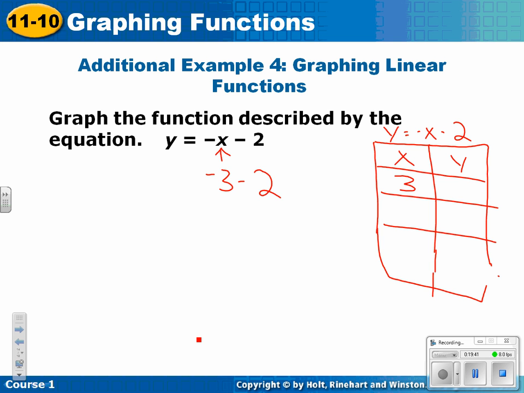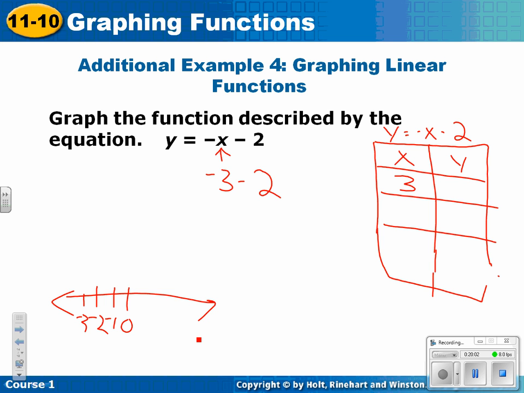Negative 3. If we had our number line, remember our number line? Negative 1, negative 2, negative 3. We'd put our finger at negative 3. Minus 2, so we're subtracting a positive. What way do I go? I go to the left. How many? 1, 2.